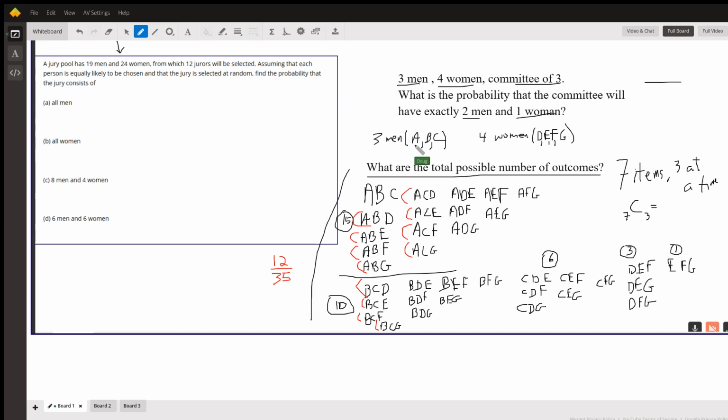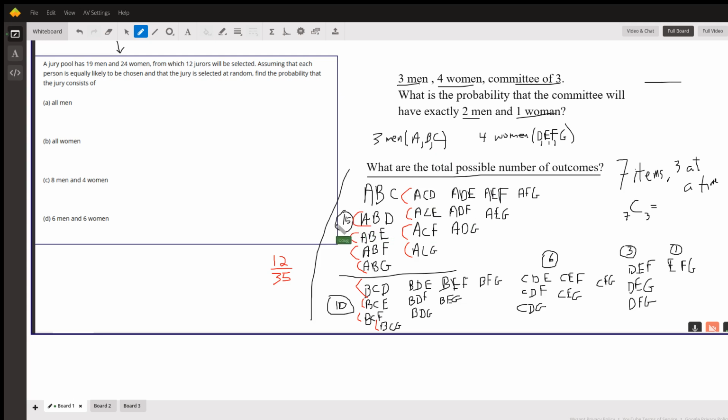So you could say ABC, ABD, ABE, ABF, ABG. Those are all the possible combinations or committees where the first 2 are A, B. And then we do AC paired with D, E, F, and G. And then we do AD and so on.